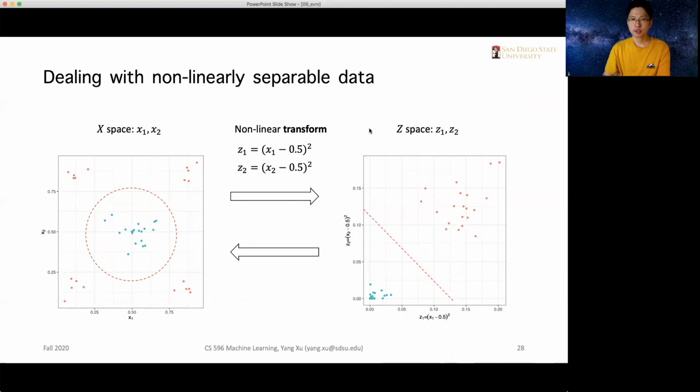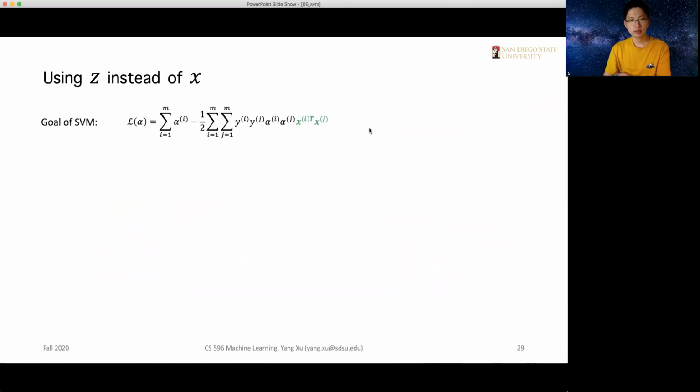Okay, so let's now continue with this step. If we use z instead of x, then the original goal of SVM is to maximize this Lagrangian term, right?